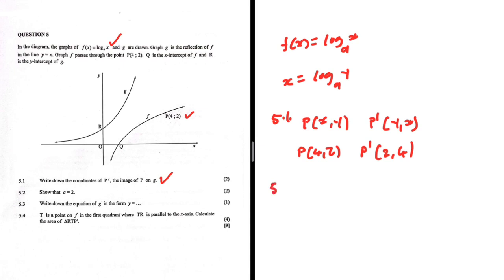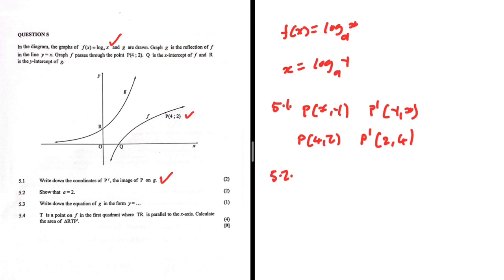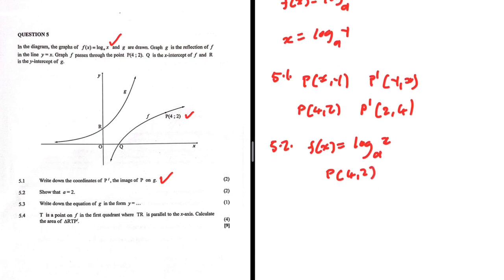Let's take a look at 5.2. It says show that a is equal to 2. We have f of x being equal to log of x base a. We want to show that a is equal to 2. How can we do that? You can substitute any point on f. We have P of coordinates 4 and 2. So let's substitute P. The y value is 2 and the x value is 4, and we have a as our base.